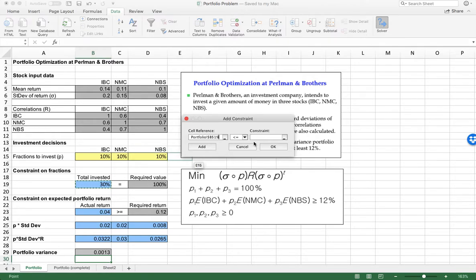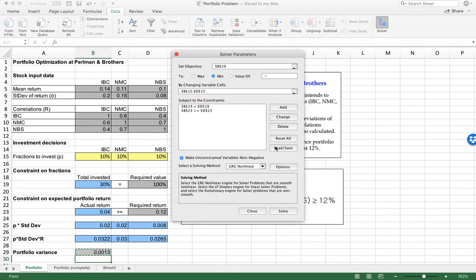My total investment has to be equal to the total that I have. Add one more constraint. My left hand side, this is my expected return, has to be greater than or equal to 12%. And hit OK.